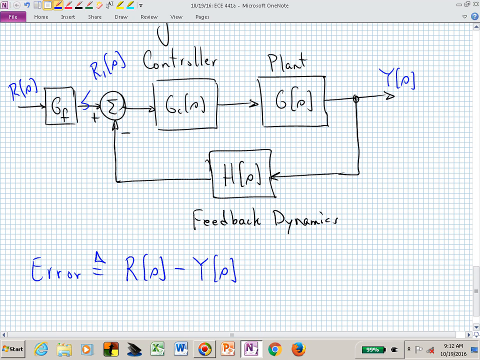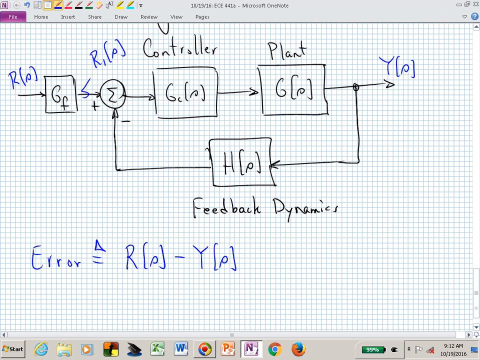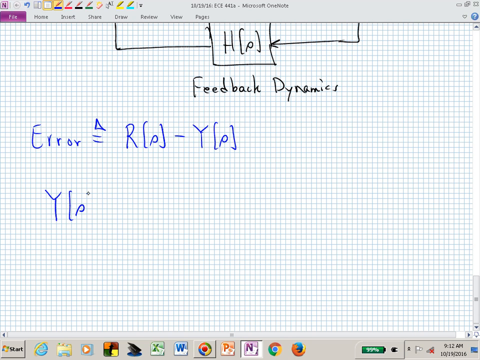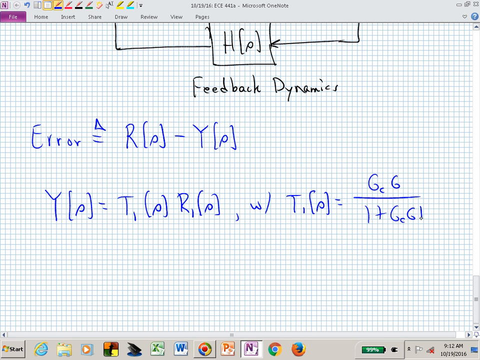If we expand that to be G sub C G, so we've now modified it a little bit, it's now G sub C G over 1 plus G sub C G H. And that will give us T sub 1, or the transfer function between R sub 1 and Y. Or Y is now, let's say, T sub 1 of S times R sub 1 of S, with T sub 1 of S equaling G sub C G over 1 plus G sub C G H.